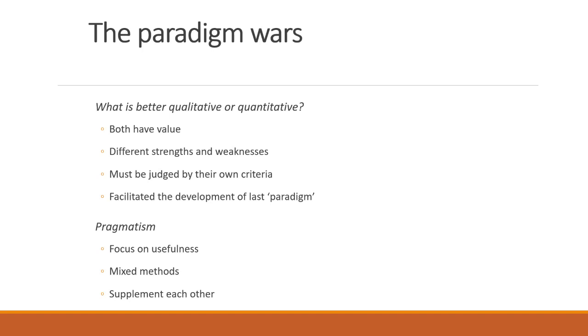Okay, so in this way, then the two paradigms supplement each other. Okay, and you don't just do it because you think, okay, I'll be on the safe side if I do both, if I combine both and I do mixed method. Again, it has to be guided by what it is that you want to achieve.